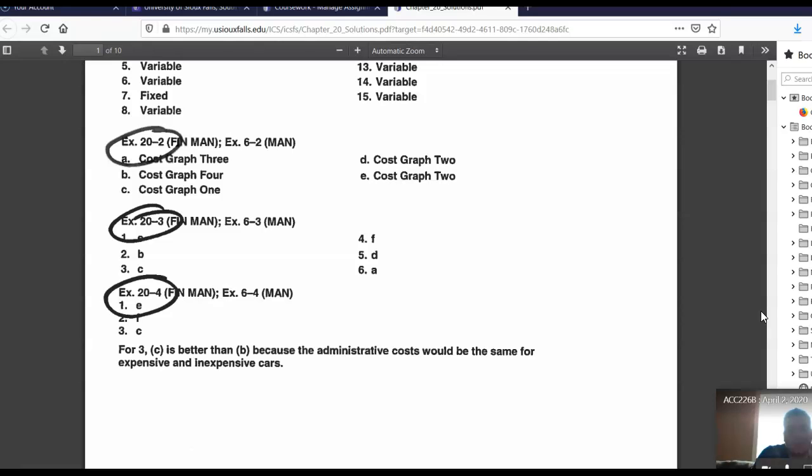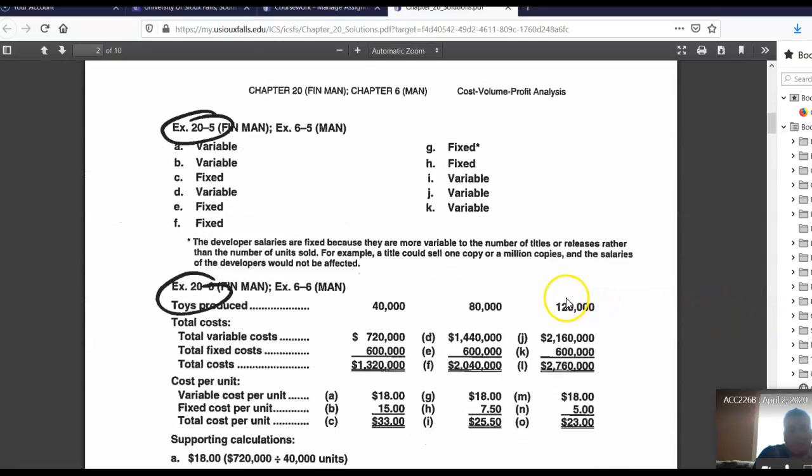Okay, number 5, it just wants you again to pick variable or fixed. So we can go through those. Packing costs, of course, variable. Sales commissions, variable. Property taxes, we pretty much know is fixed. Shipping, of course, variable. Straight line, fixed. Salary, fixed.